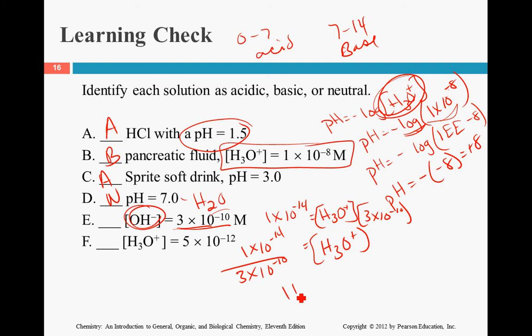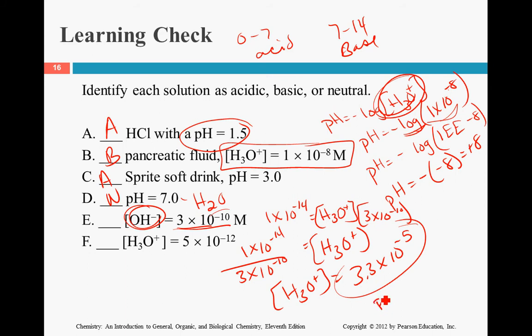That comes out to be 3.3 times 10 to the negative 5. That is the number we are then going to put into the pH equation.